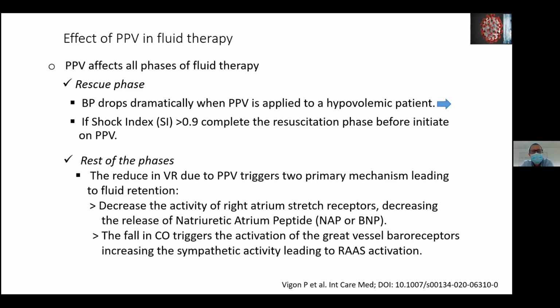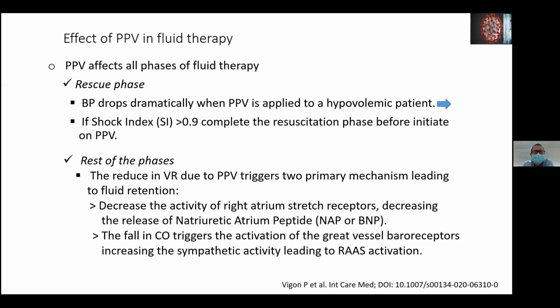Then positive pressure ventilation affects all the other phases as well, mainly because it reduces the venous return, and in that situation it activates two mechanisms. Remember that the cardiovascular system has a volume sensor and a pressure sensor that sense what happens with volume and pressure throughout the circulatory system.